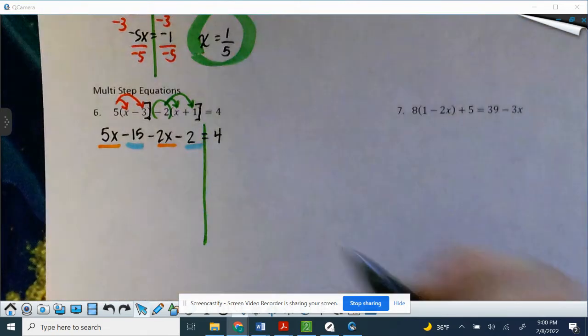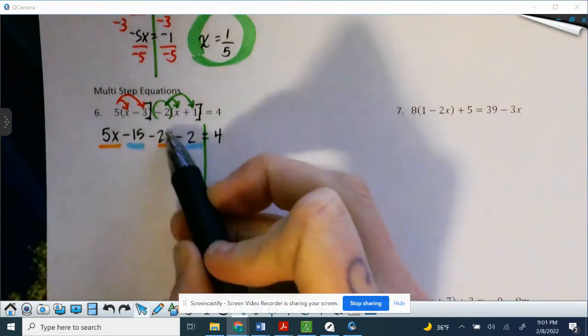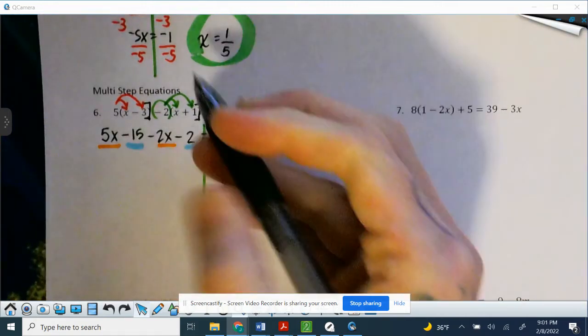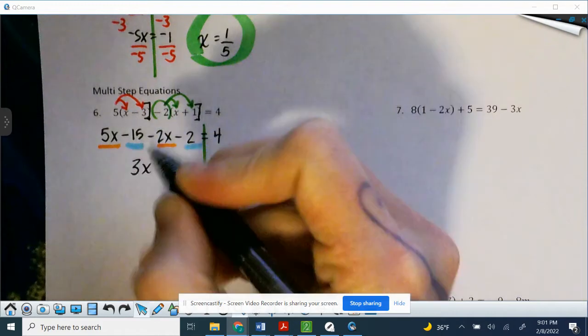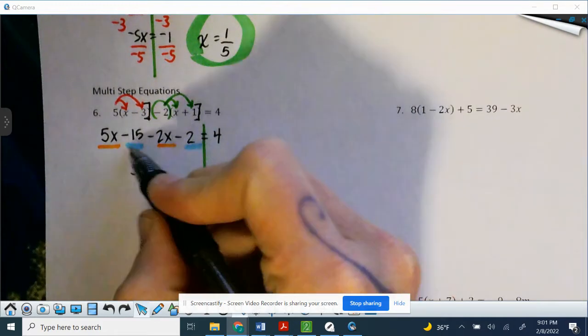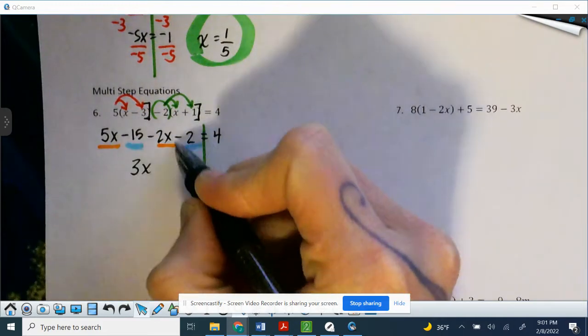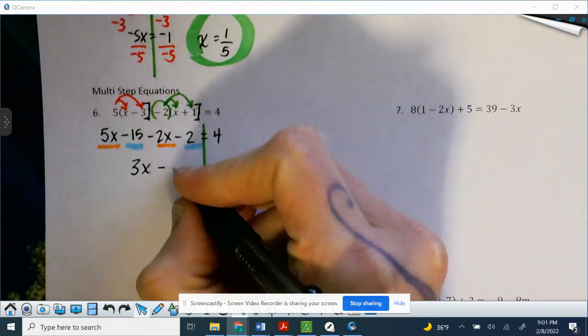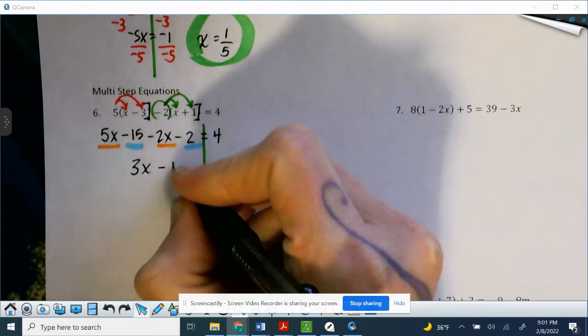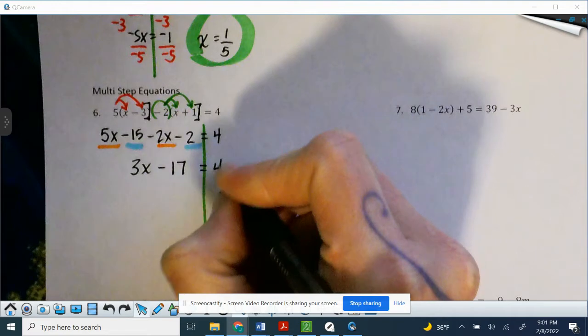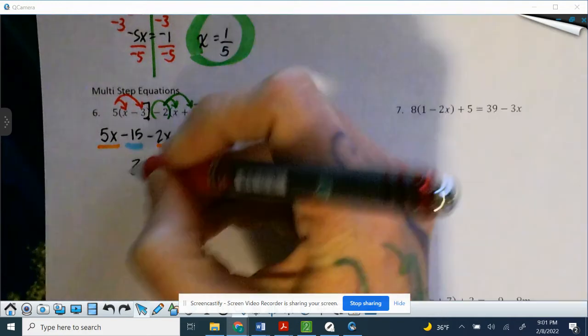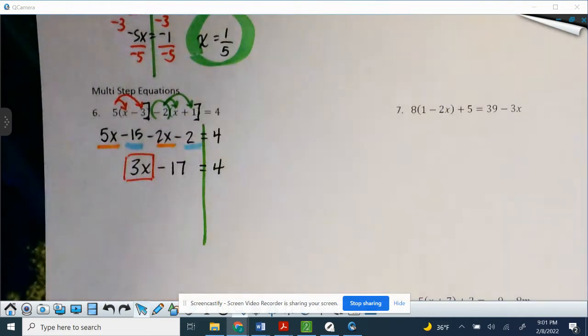So our 5x and our negative 2, it's a minus 2. So 5 minus 2 is going to be 3x. And then negative 15 minus 2, so I borrowed 15 and I borrowed 2 more, means I'm going to owe you 17. So equals 4. Now I have my x by itself. I'm going to move my constant away because that's my goal, is to get x by itself.